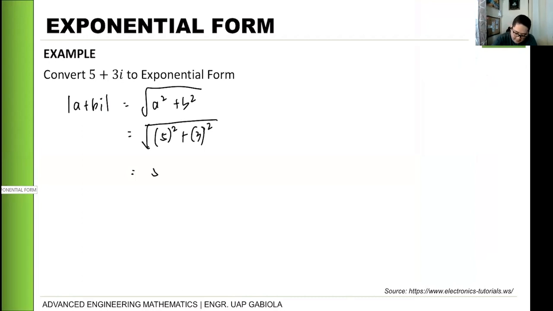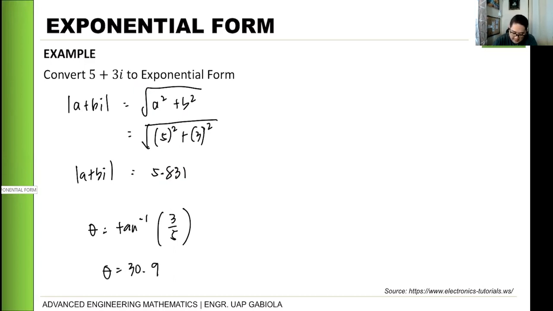That is 5.831. We already calculated this earlier. The procedure is the same from the start. Our theta is tangent inverse of 3 over 5, which is 30.964 degrees.